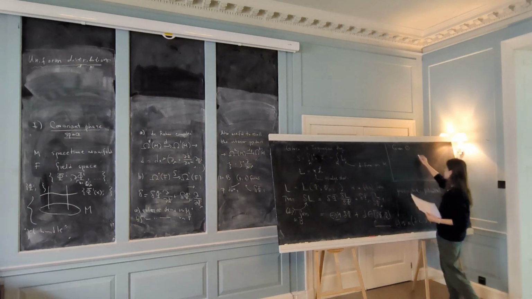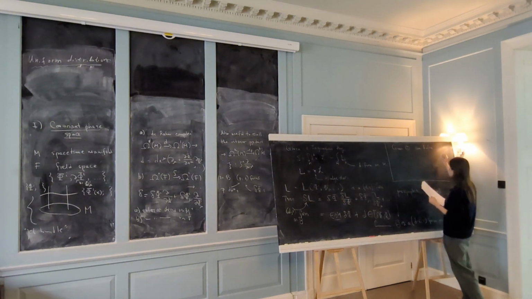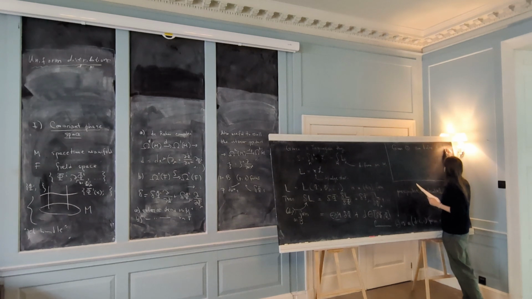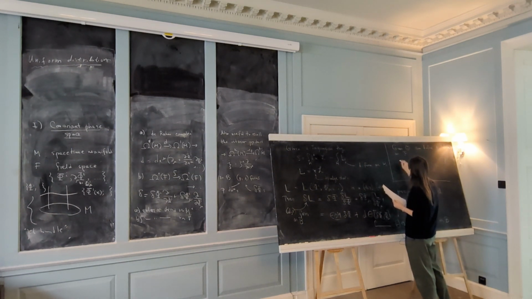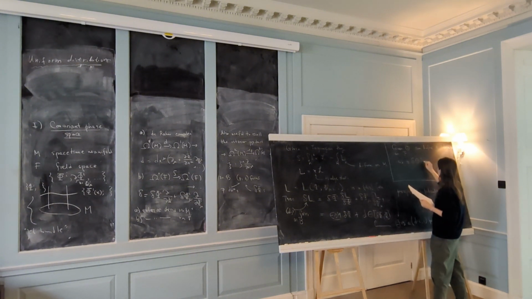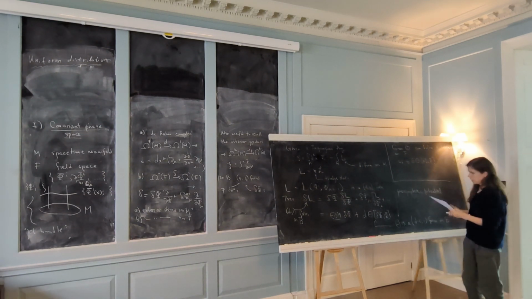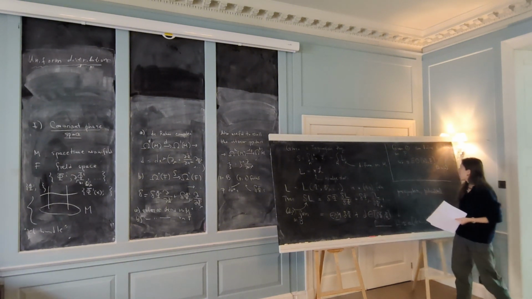So I can always construct this, which is a (d-1, 2) form.